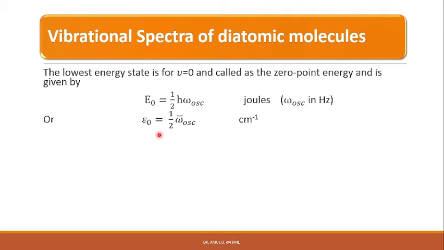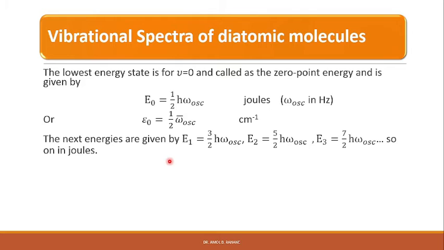So, we can write E0 is equal to 1/2 omega bar oscillations when expressed in terms of per centimeter or wave number units. We can see from this equation that the zero point energy of the harmonic oscillator is not 0. That means it has some energy, and that energy is called the zero point energy.